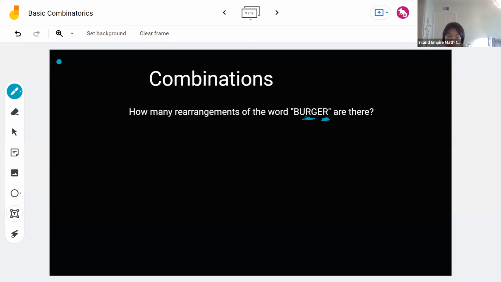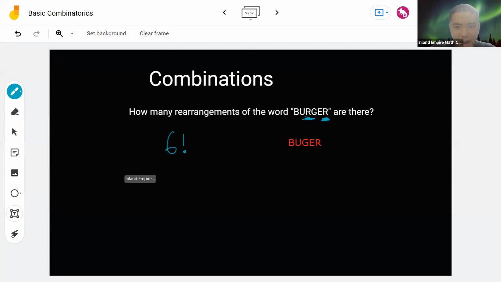All right, to solve this example, you would start with 6 factorial because you pretend that you're actually rearranging the word burger where the other R is a lowercase r. So if these 2 R's were different, you would have 6 factorial as Jonathan has written on the screen.